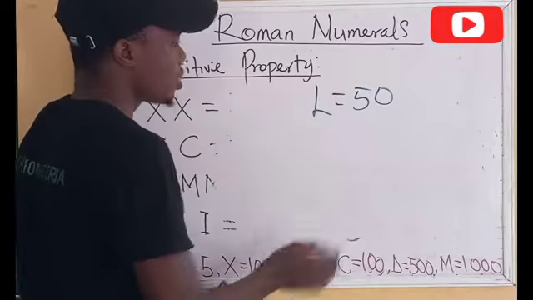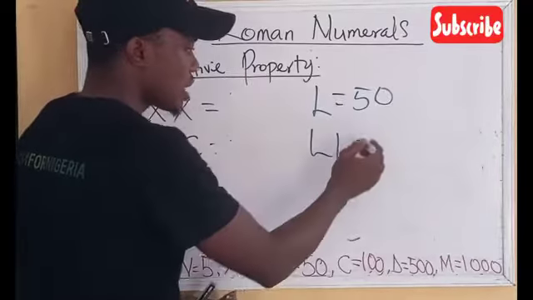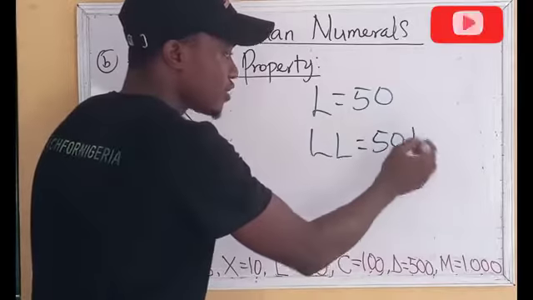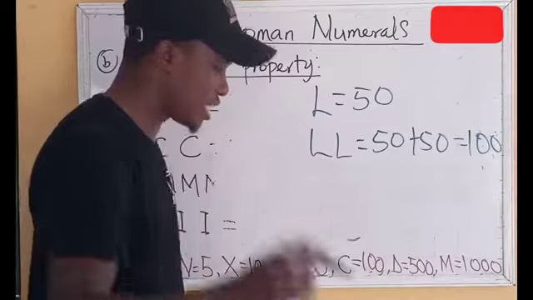If we repeat it, 50 plus another 50, we are going to have 100.